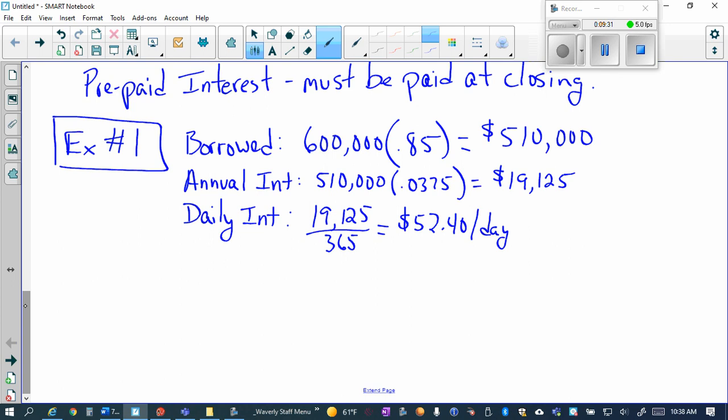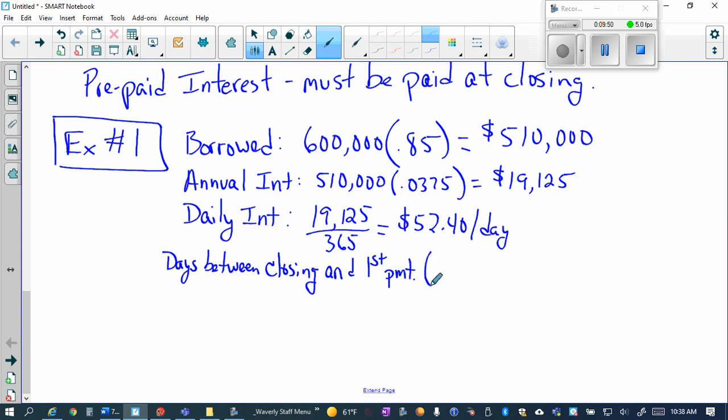So let's work out the days between closing and first payment.